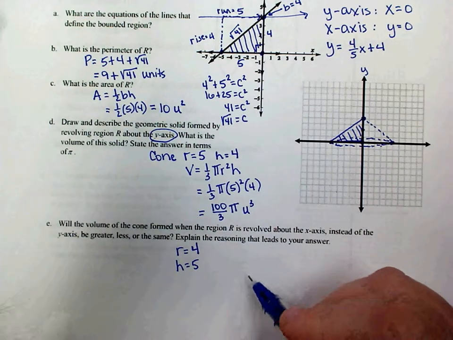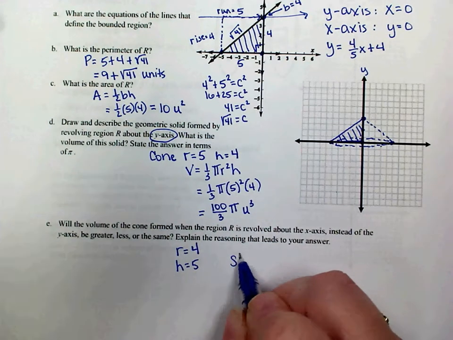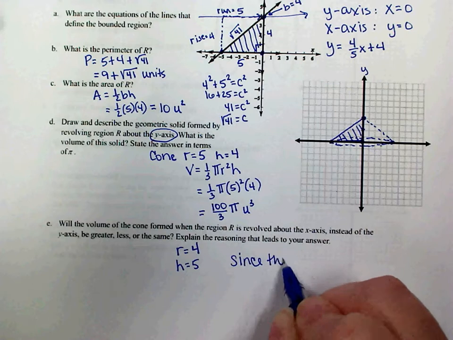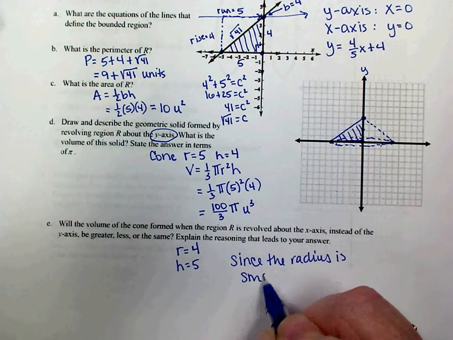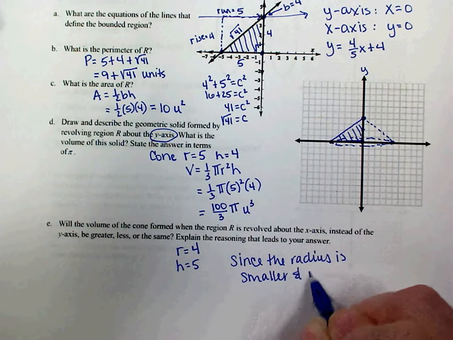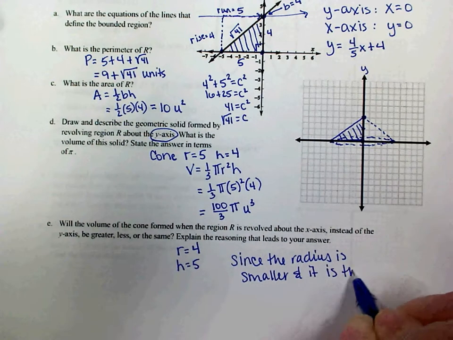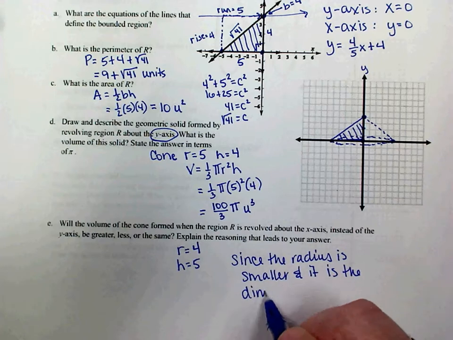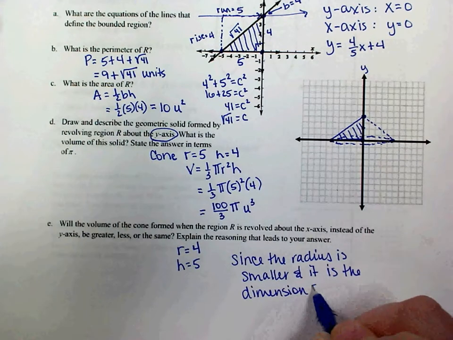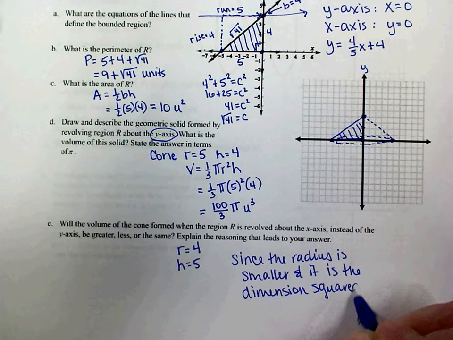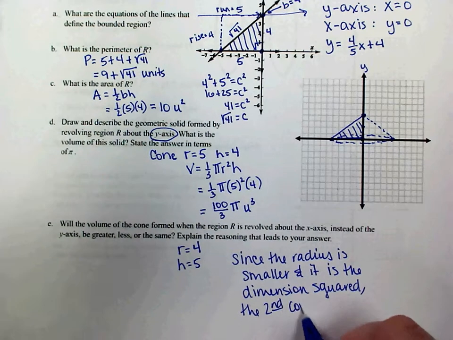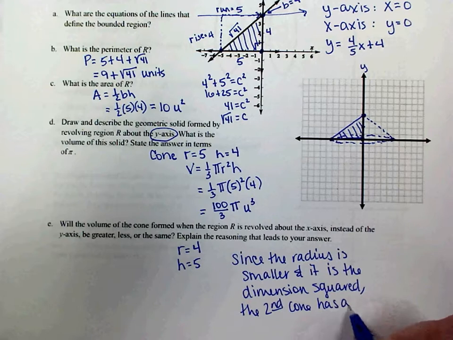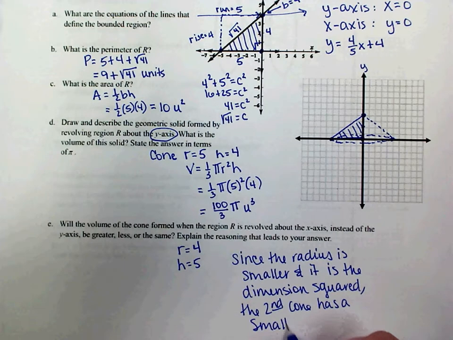So since the radius is smaller, and it is the dimension that is squared, the second cone has a smaller volume than the first cone.